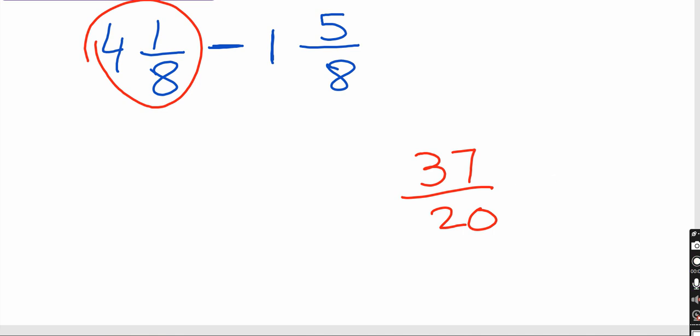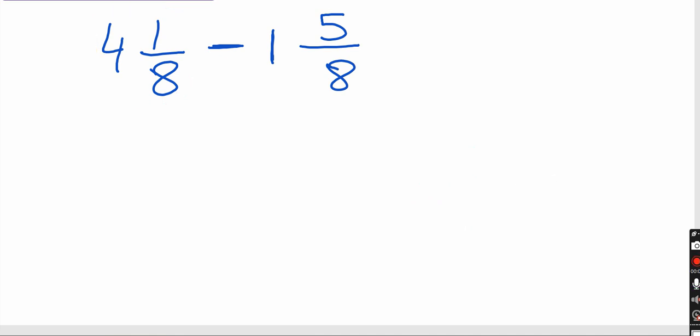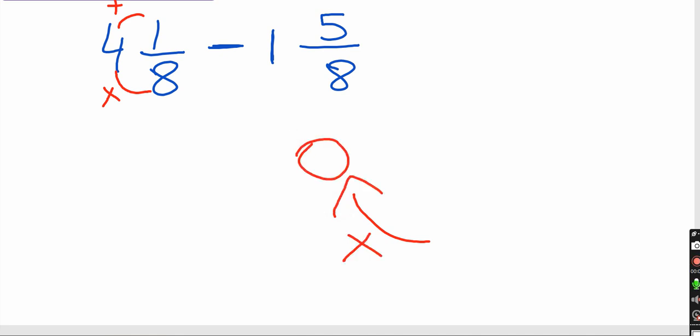So how do we make a mixed number into an improper fraction? First we will multiply, then we will add.